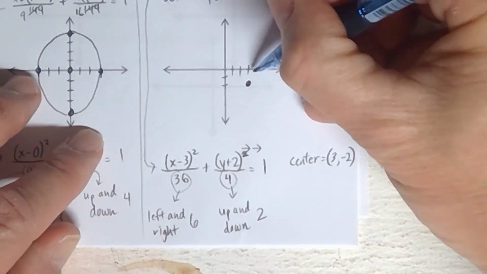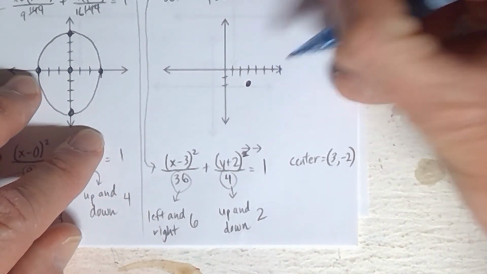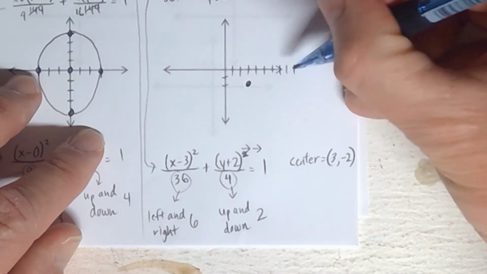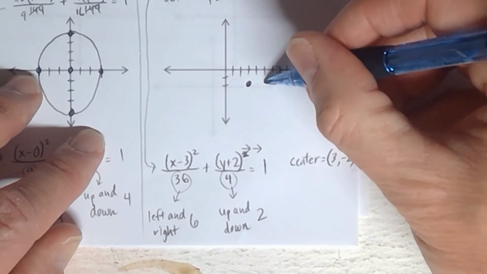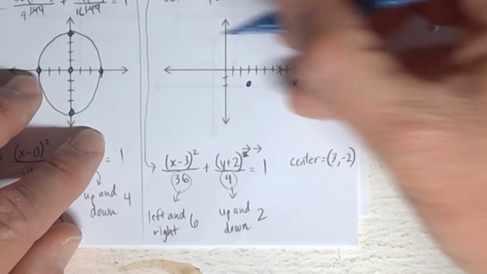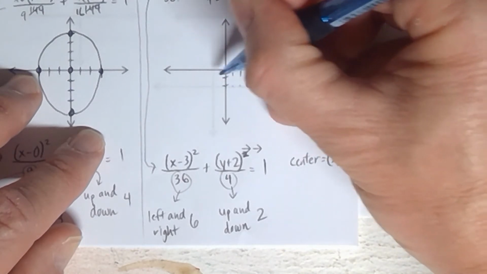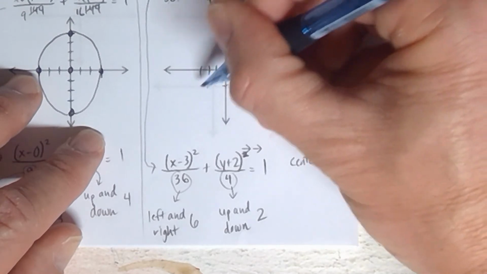Left and right 6. So I'm going to need to make a little bit of space here. 1, 2, 3, 4, 5, and 6. There we go. So 1, 2, 3, 4, 5, 6 to the right. 1, 2, 3, 4, 5, 6 to the left.